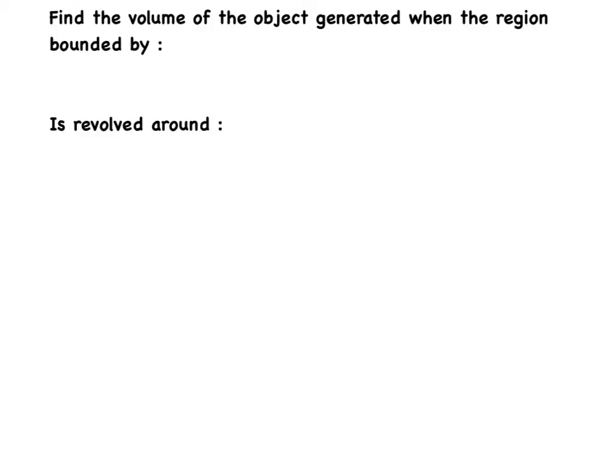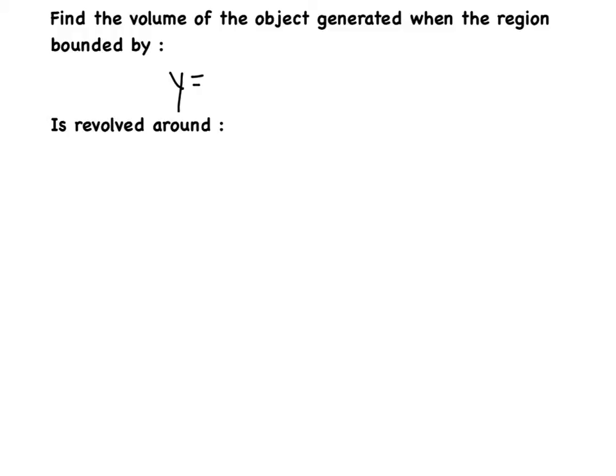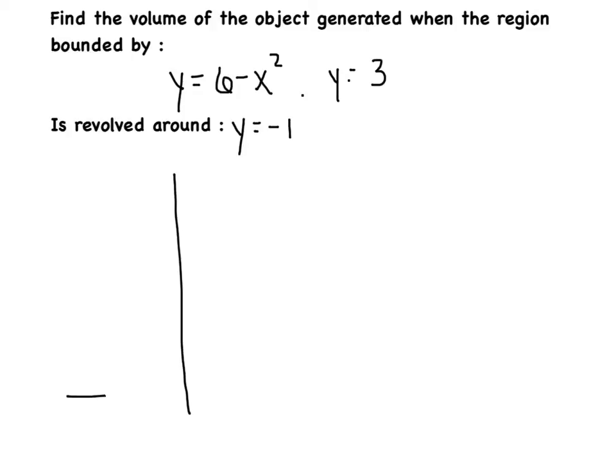Alright, for the first time tonight, I'm going to just change up the region a little bit. Let's consider the region bounded by y equals 6 minus x squared, y equals 3, and we're going to revolve it around the line y equals negative 1. Alright, so I think we know what y equals 6 minus x squared looks like. We're starting at 6 on the y-axis.